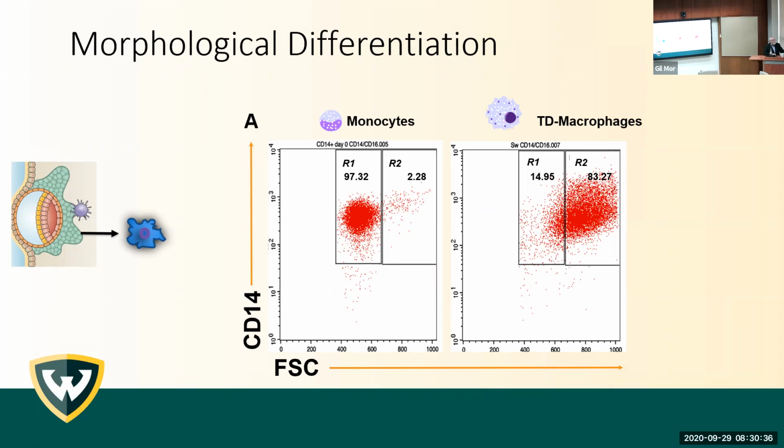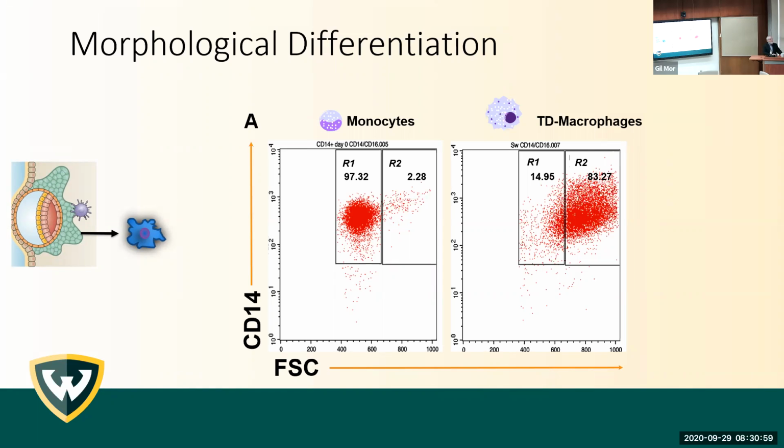Then we expose these monocytes to the conditioned media secreted by the trophoblast, and we see how they change. One of the first things you can see is that the monocytes are a homogeneous population, the small cells in this quadrant. But when we expose them to conditioned media from the trophoblast, they change morphologically.